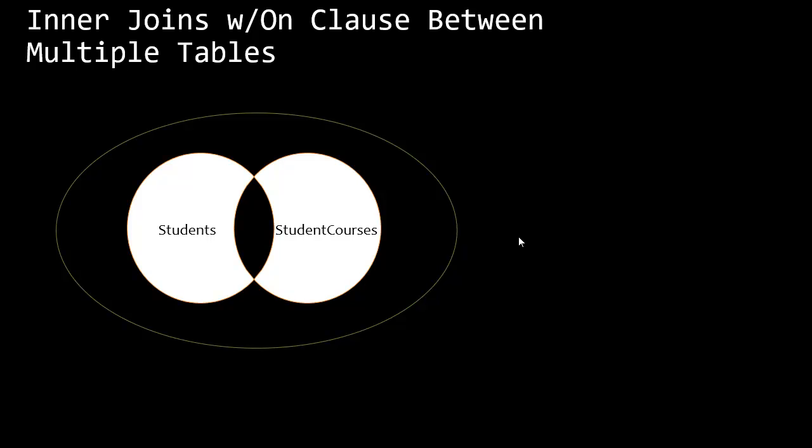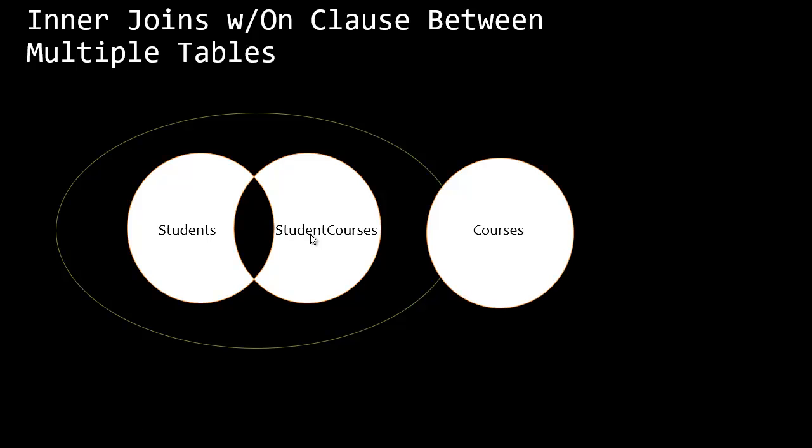Basically, how you do this now is how I look at it is I want to do things one step at a time. So explicitly, basically what we do is we join 2 tables together, all right, like in this case here, students and students courses, and basically that's going to give us a result set as we're joining. Then what we're going to do is join that result set to the next table, in this case is courses.